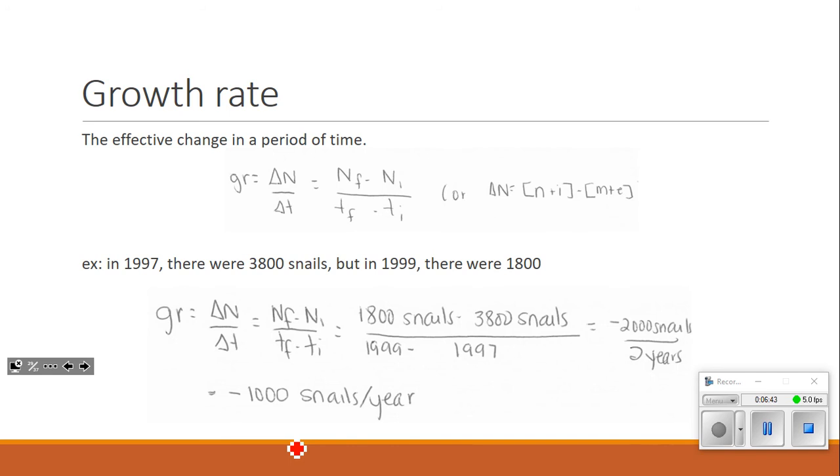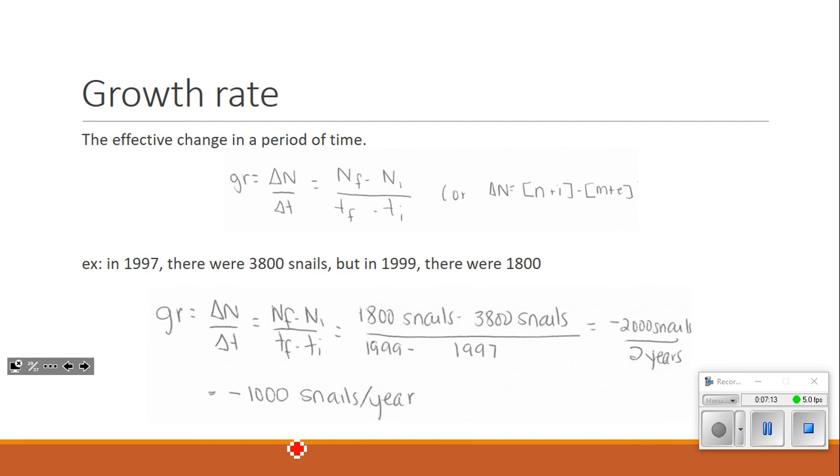Now there's two different ways that you could find delta n. One of them is the one that I just showed you. The other one is by simply taking the final population size and subtracting the initial population size. Very physicsy here. If you remember, maybe you've been in physics or you remember in Science 10 doing delta d over delta t to find speed, where you did final minus initial.